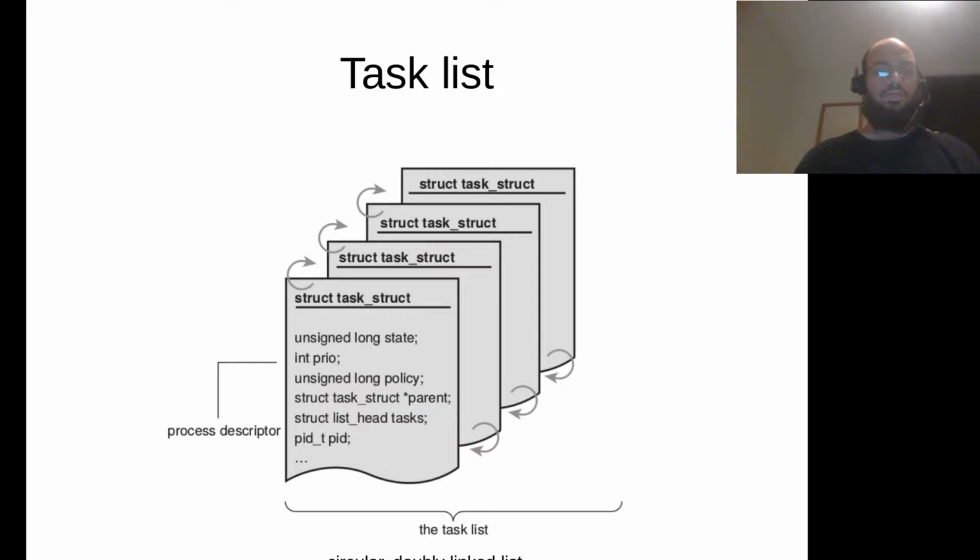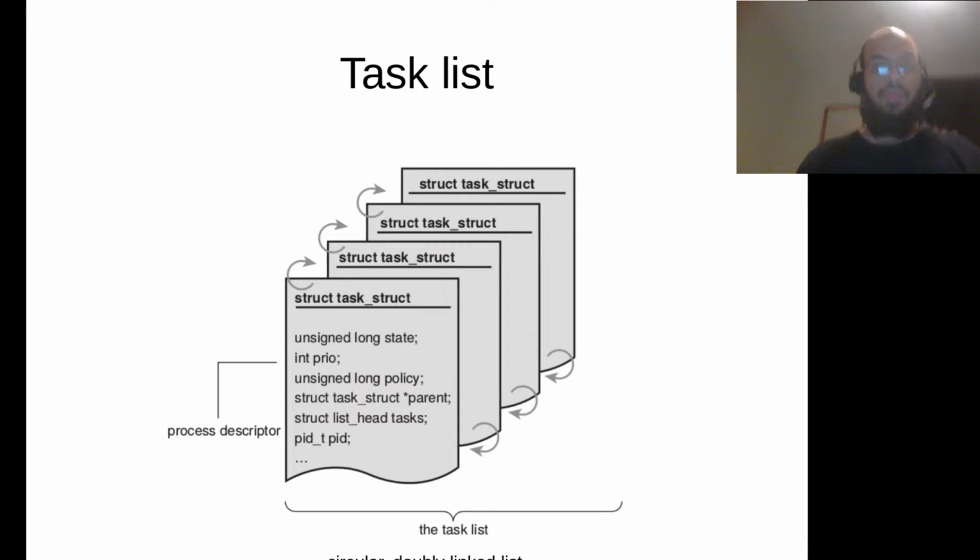It's a circularly doubly linked list, with some details that might be a bit different from what you studied in your algorithms course, but the concept itself is exactly the same. The implementation might be different, but the concept is the same.